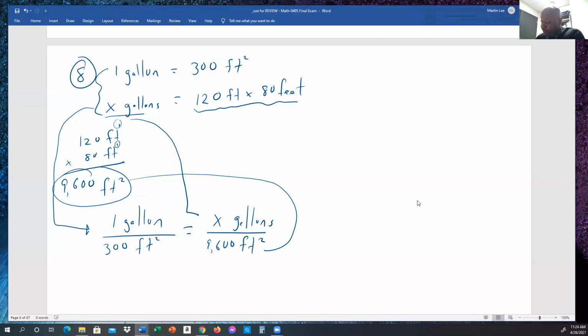And then we have these fractions, and we're going to cross multiply. So 300 times x gives me 300x, and this equals 1 times 9,600, which is 9,600. And I'll divide both sides by 300.